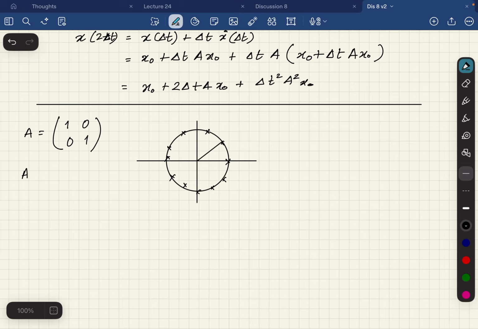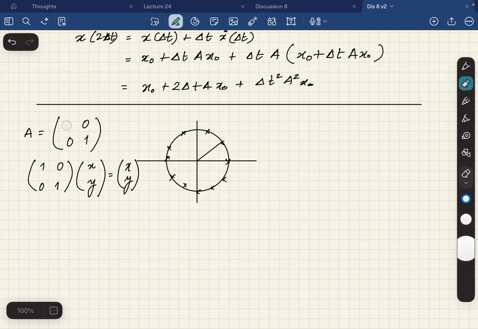So let's multiply A with x y. Nothing happens, the vector remains as it is. Okay, so that's the property of the identity matrix. It's called the identity matrix. It leaves the vector unchanged.